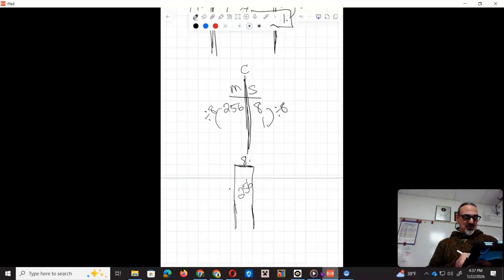Well, I know that if I break this up into a 240 square unit rectangle, oh, I can multiply 8 times 3 to get 24, so 8 times 30 will get me 240, right? Well, what's left? If I already took away 240, that means I've got 256 minus 240, which is 16, and that's going to be way smaller. So 16 is actually probably right around there, 16 square units, right?